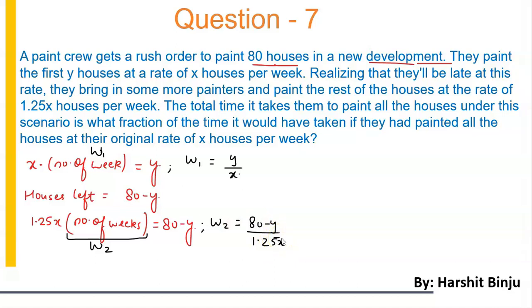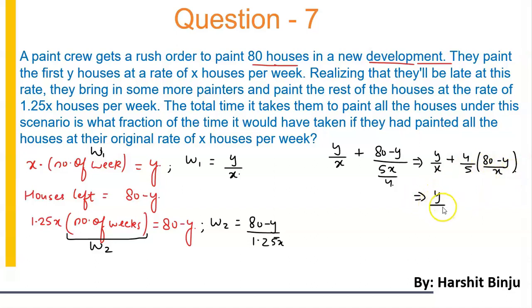So the total time it takes them to paint all the houses under this scenario: total time taken is Y by X plus 80 minus Y divided by 5x by 4. So this is Y by X plus 4 by 5 into 80 minus Y by X.